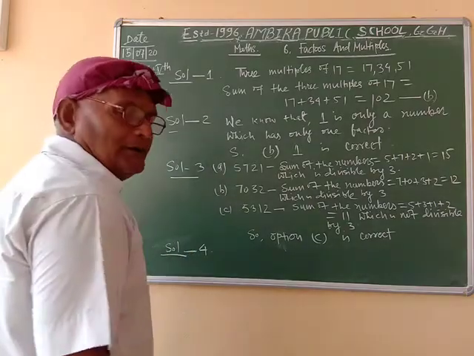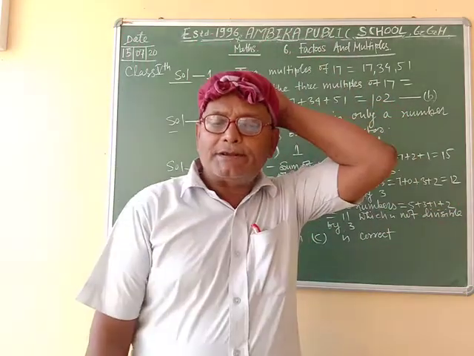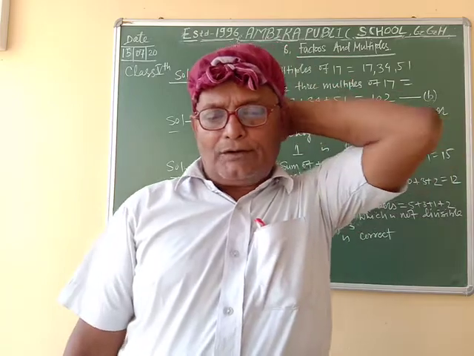In question number 4, two consecutive prime numbers whose difference is 2 are called what?